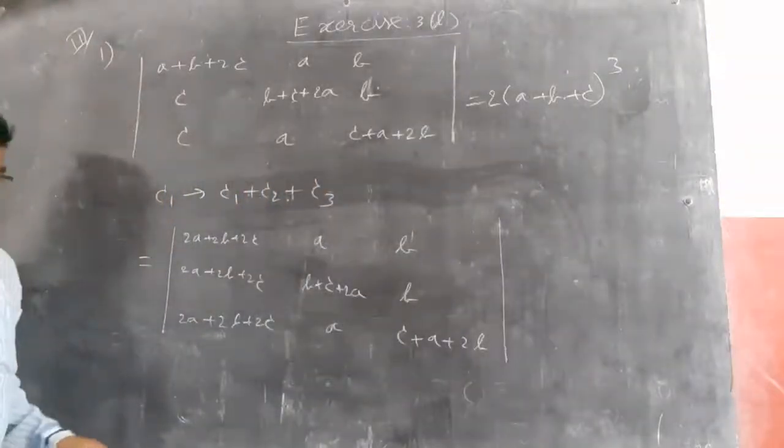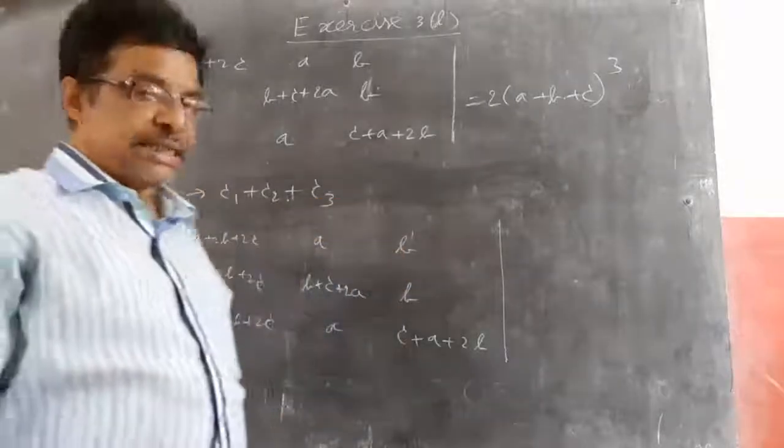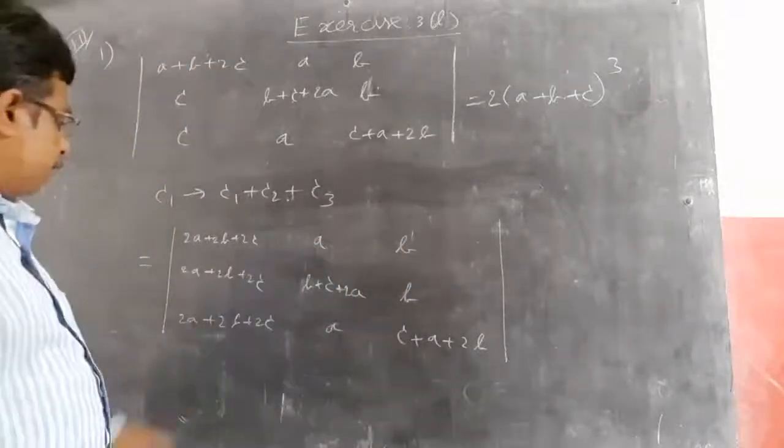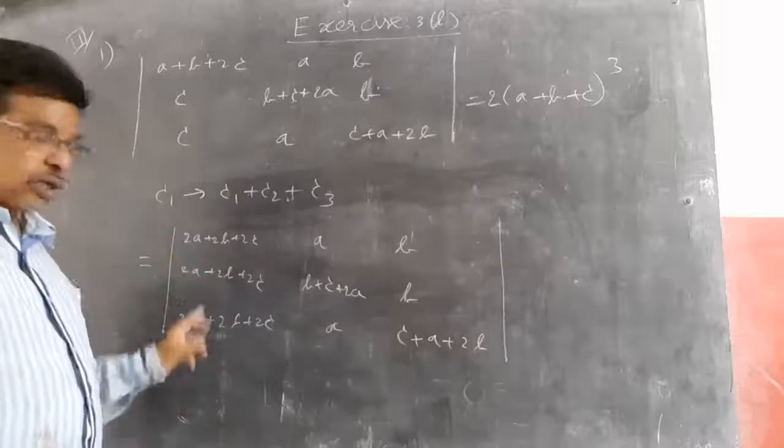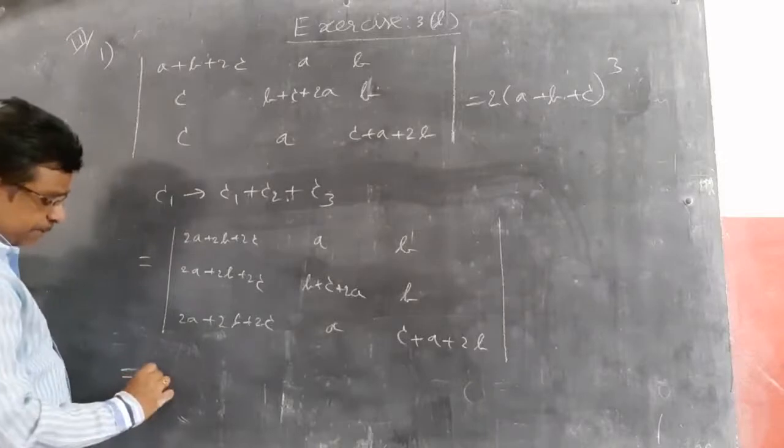Now, if any row or column is a multiple of k, you can take k common. That is the third property we discussed. So if you observe, 2 into (a plus b plus c) is common in the first column. So I can take 2 into (a plus b plus c) common.